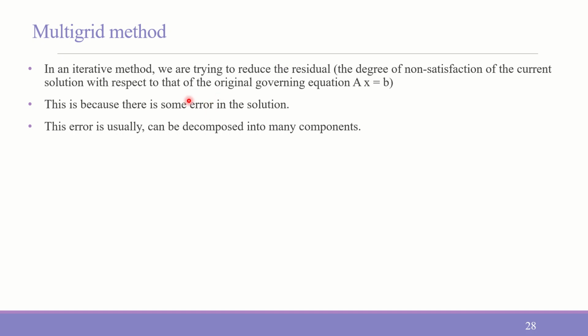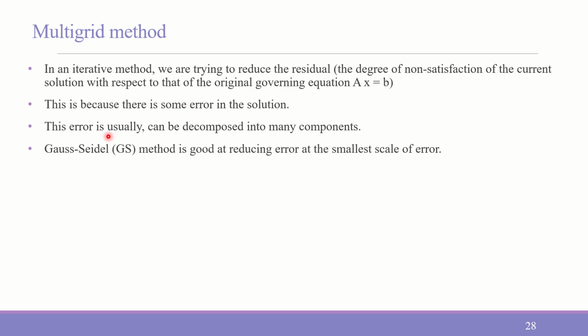The error can be decomposed into many forms, like short wavelength and high frequency errors, or large wavelength and low frequency errors. Some methods will be very good at reducing the smallest scale errors.